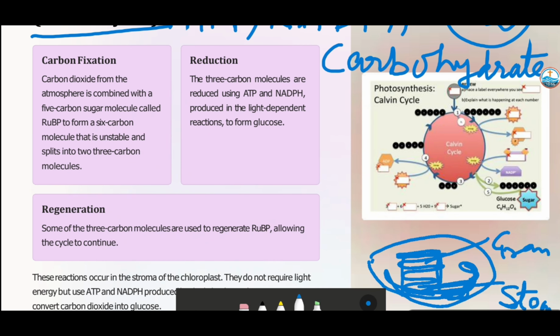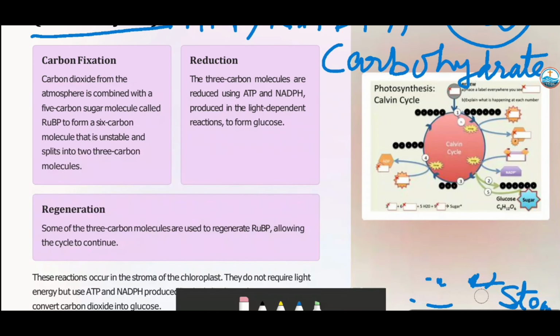So you can write down that the light reaction takes place in the grana part, and the light independent reaction, that is the dark reaction, takes place in the stroma part.